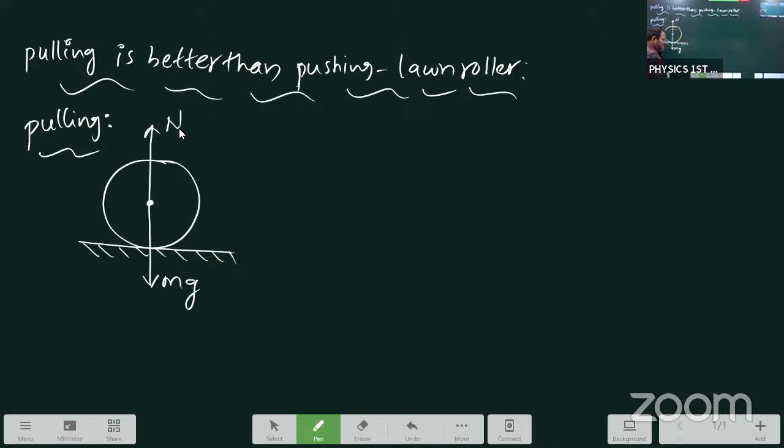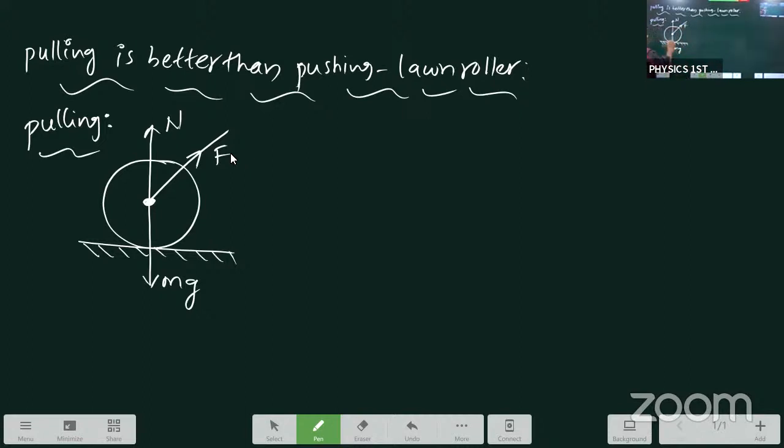Always normal reaction upwards, mg downwards. In pulling and pushing, we concentrate on the external force direction. This is capital F, pull, with the arrow mark pointing outside.